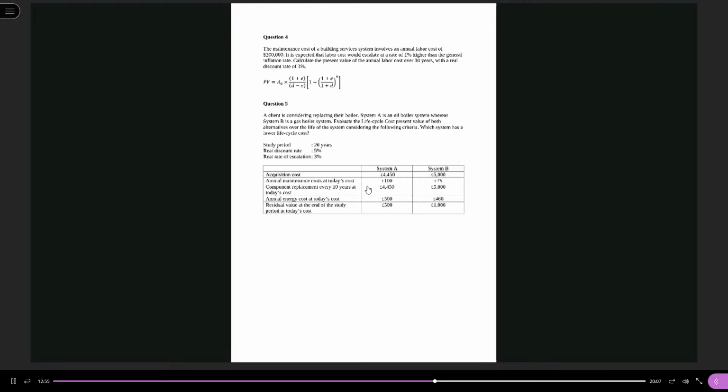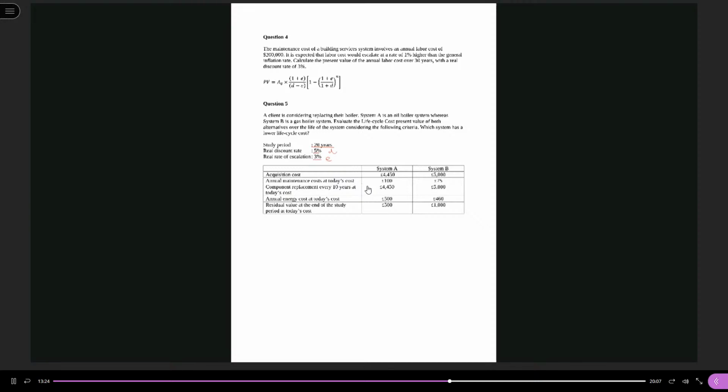Which system has a lower life cycle cost? So the study period is 20 years. The real discount rate, D, is 5%, and the rate of escalation is positive 3%. So it means the price escalation, or the rate of increase of the price, will be 3% higher than the general inflation.